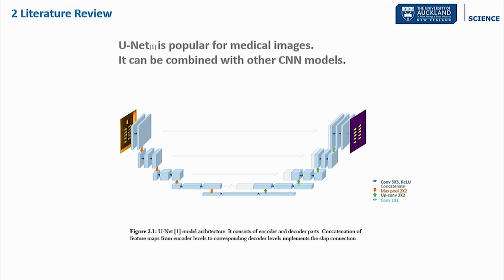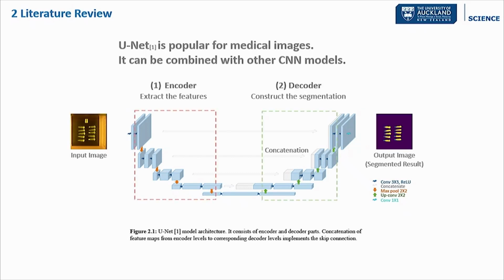The previous relevant work includes suitable models for the task, and UNet is a popular one for medical images. We can see that it has a U shape, and another unique thing is that it can be combined with others in the model to form different styles. How it works, we can split it into two parts to understand it.